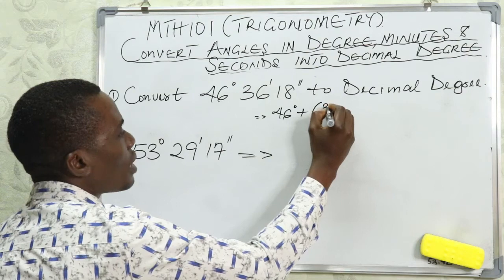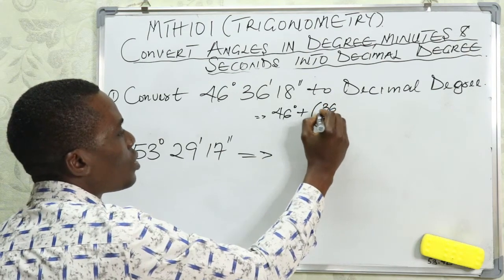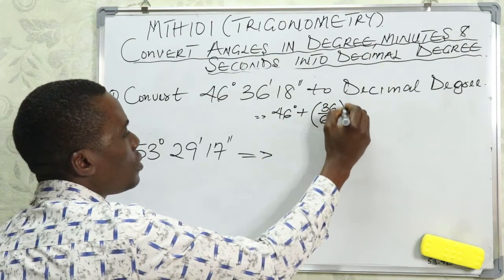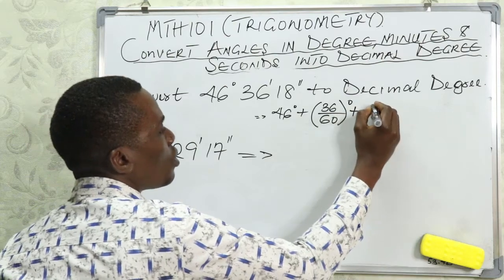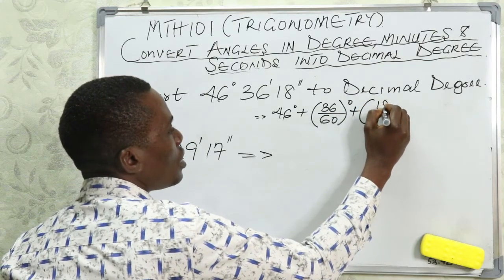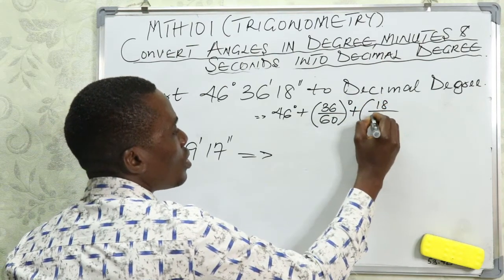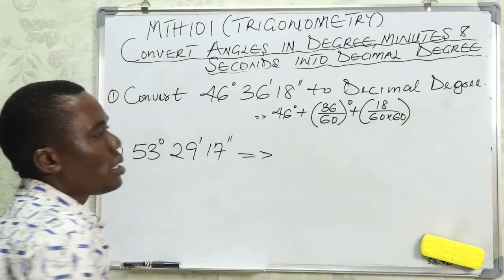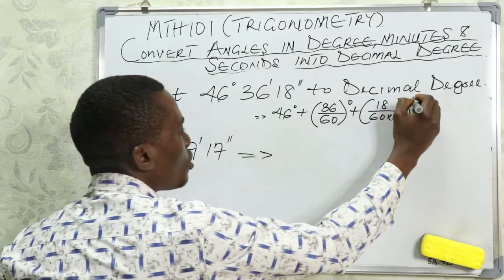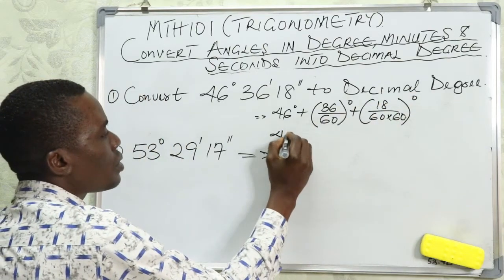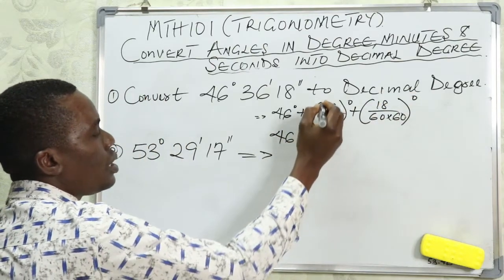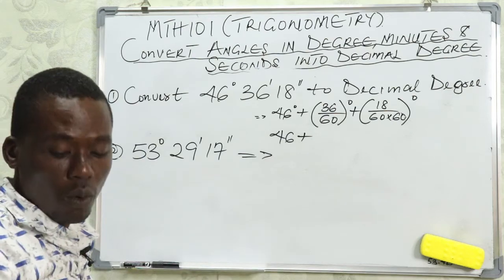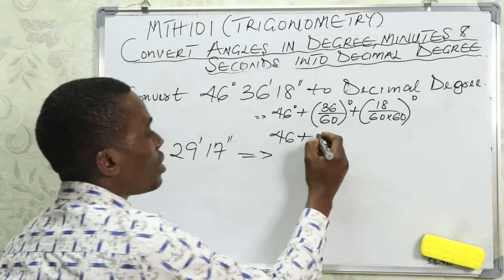We are going to convert 36 minutes to degrees, and we are going to convert 18 seconds to degrees. So we are going to have 46 plus 36 divided by 60.